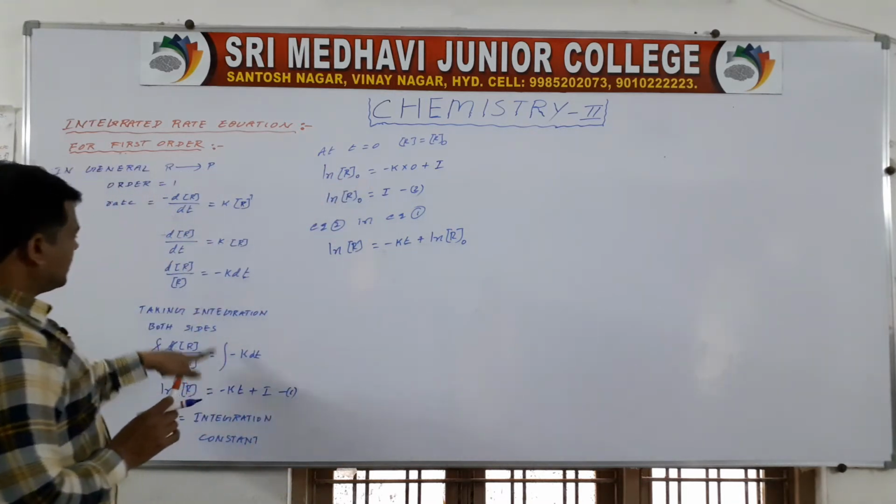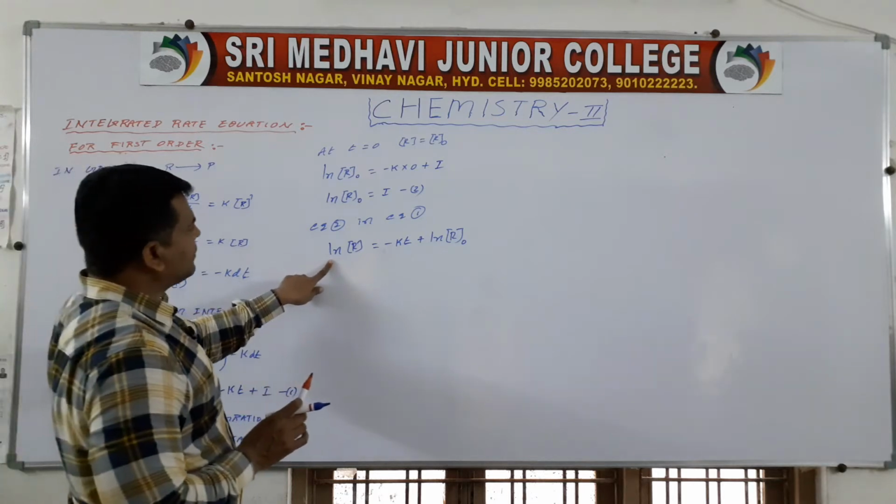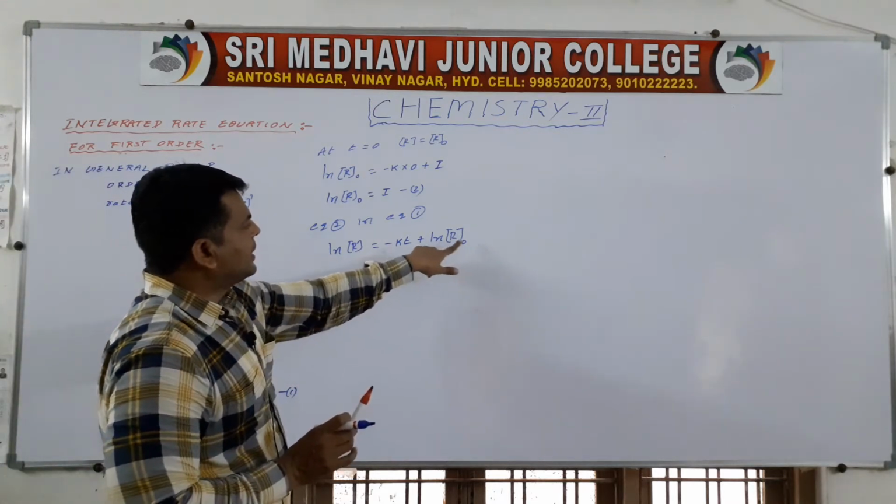Equation 2 in equation 1 gives natural logarithm of [R] equals minus kt plus natural logarithm of [R]0.